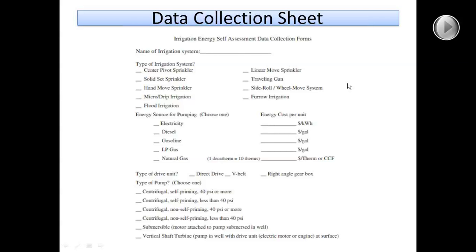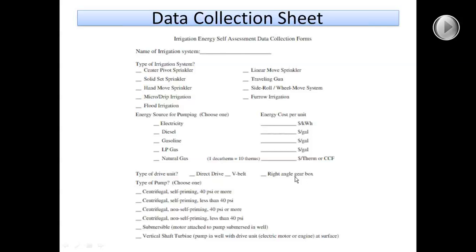Energy source, whether it's electricity, diesel, gas, natural gas, propane, whatever the case may be. And then the cost of fuel. Type of drive unit, we talked about that yesterday a little bit. Direct drive, V-belt, whether or not it has a gearbox.